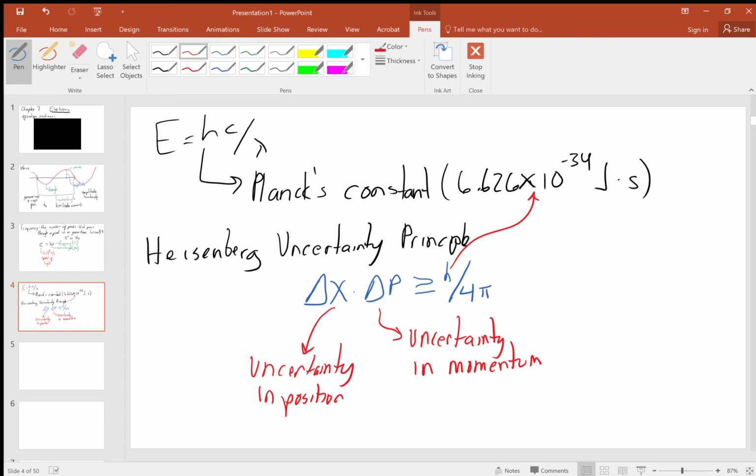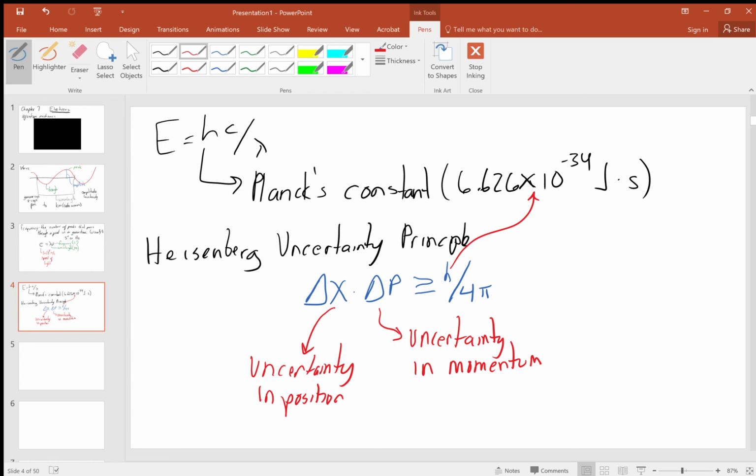Now again, for most objects, it doesn't matter. If we start plugging in values that would describe the position of the building you're in right now, maybe it has an uncertainty of 10 to the minus 30th, minus 32nd. We're definitely not going to notice that kind of uncertainty in where it is or how it's moving.